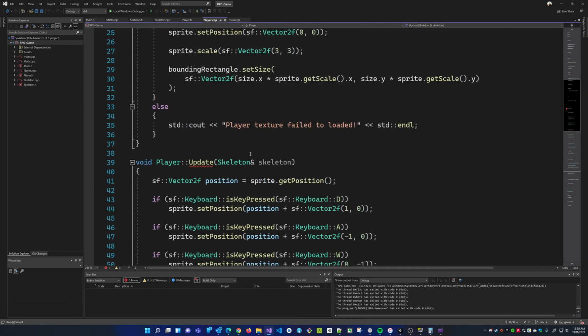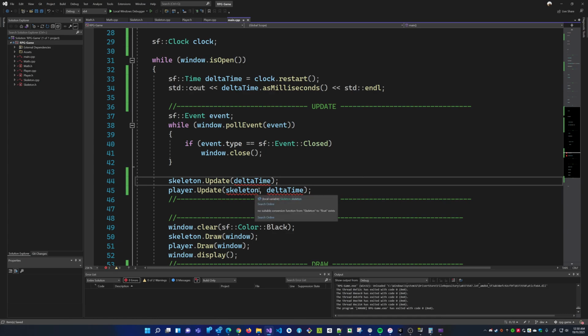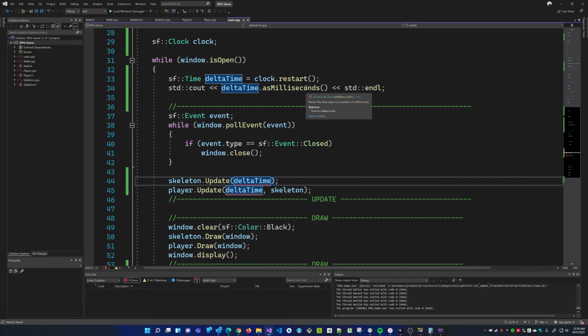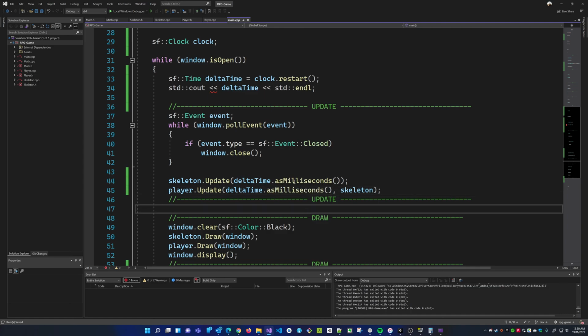We need delta time to be passed in here. And these are flipped. What is delta time? Delta time as milliseconds returns milliseconds, right?